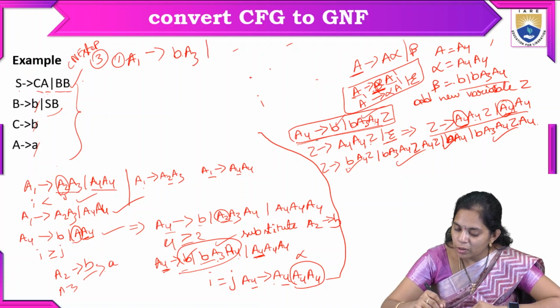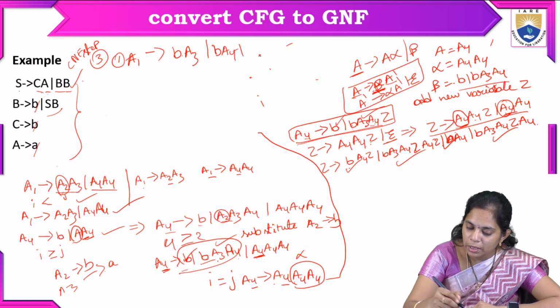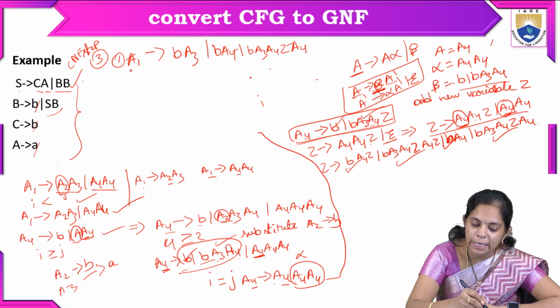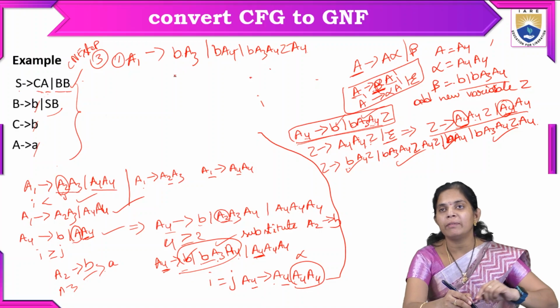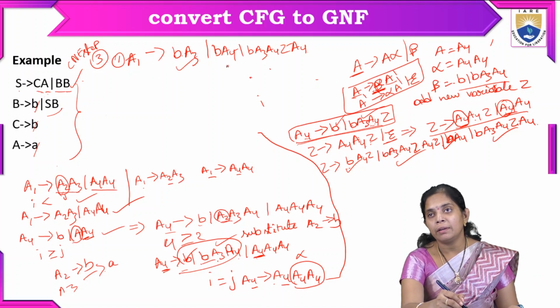So A4, we already have this value. So I will write it as B A4 and B A3 A4 Z A4. So this is all the A1 production rule, all of which pass this GNF condition.